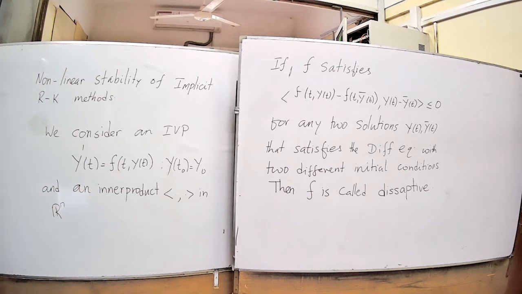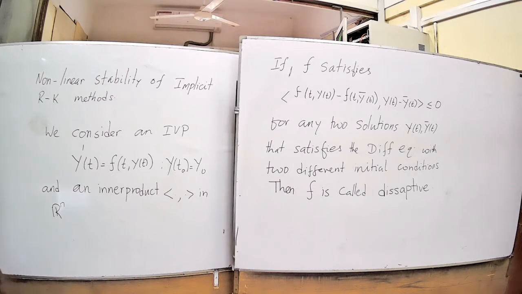So the inner product of the difference between the function evaluated at the two different solutions with the difference between the two solutions is negative, then we call the function a dissipative function. So this is about the right hand side function of the given initial value problem.